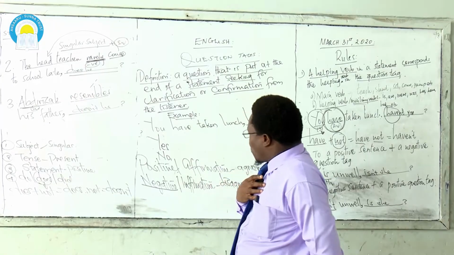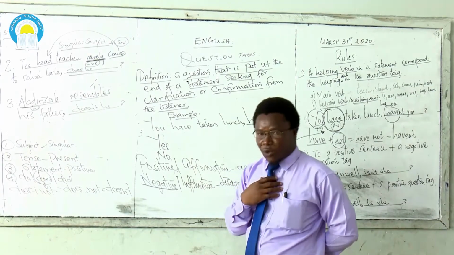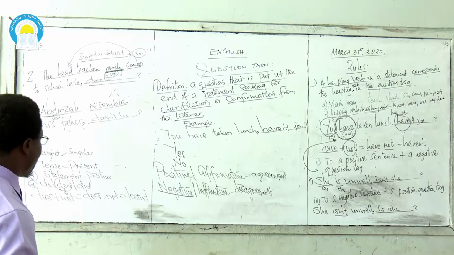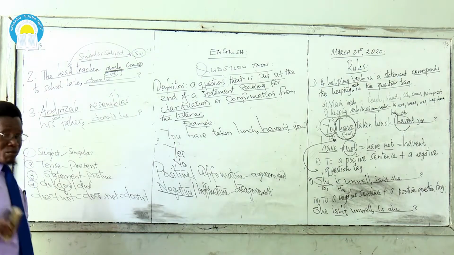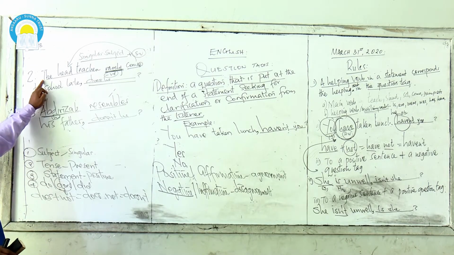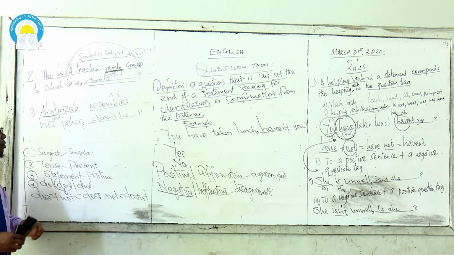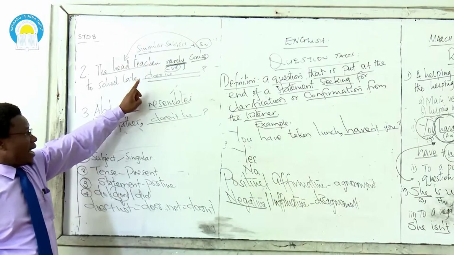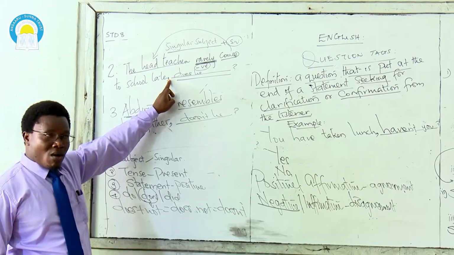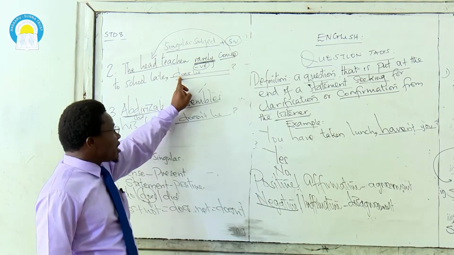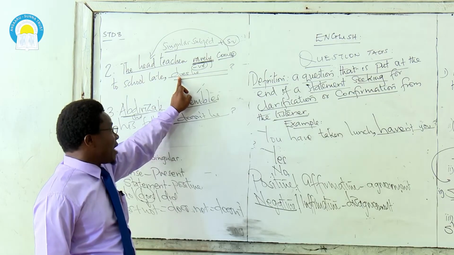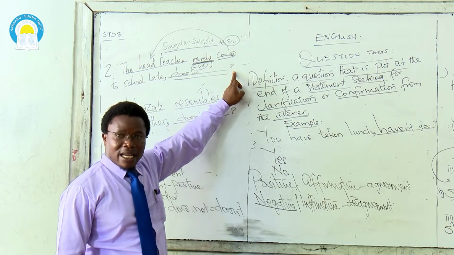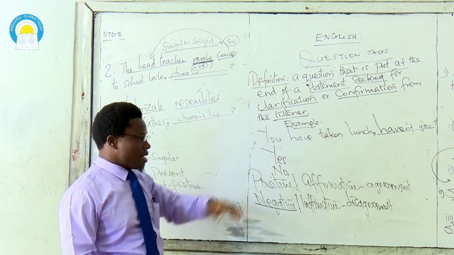And to give the expected answer or response, it's important to follow the 4 basic rules. At the beginning of the statement, you should start it in a capital letter, end the statement in a comma, introduce the tag in a small letter, and end the tag in a question mark.